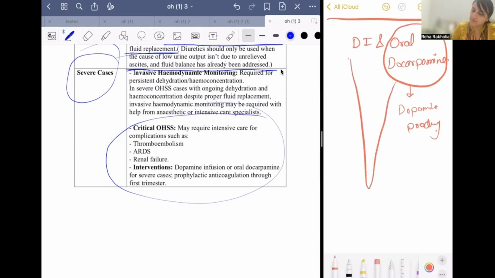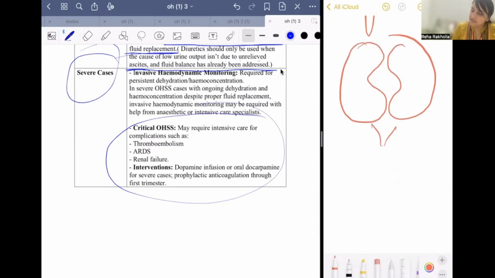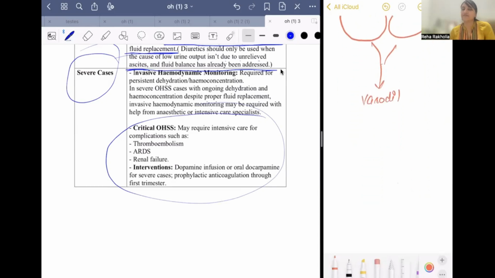Because these both drugs work by stimulating dopamine receptors in the kidney, leading to vasodilation in the renal artery. This increases the blood flow to the kidney, improving the urine output and helping to prevent fluid overload and renal failure in severe OHSS cases with oliguria, means low urine output.